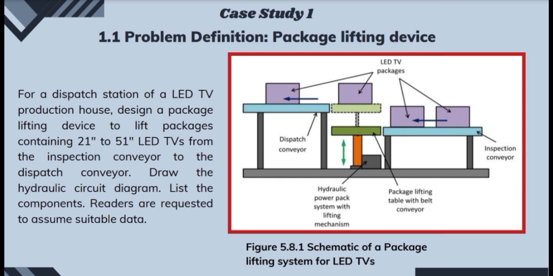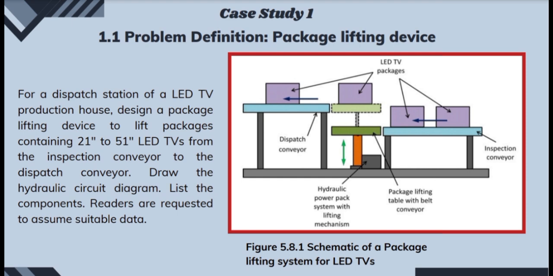The inspection conveyor transports the LED TV packages to the dispatch conveyor. What happens is the inspection conveyor carries the LED TV packages and brings them to the hydraulic power pack system with lifting mechanism, which has the black, orange, and green colors. The dark green is the package lifting table with belt conveyor, which helps when, for example, the inspection conveyor is down low, it lifts the packages to the highest level.